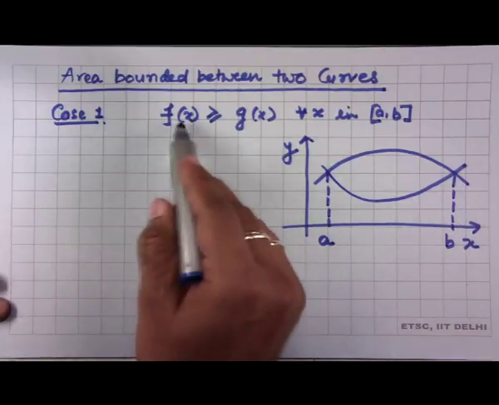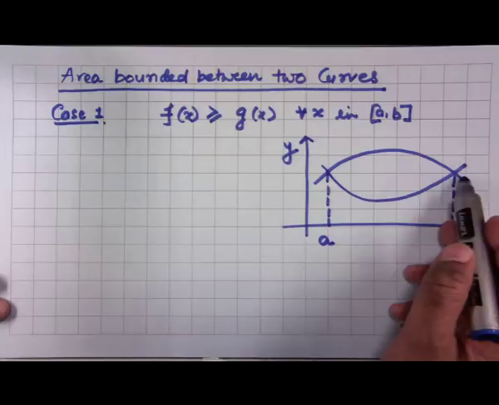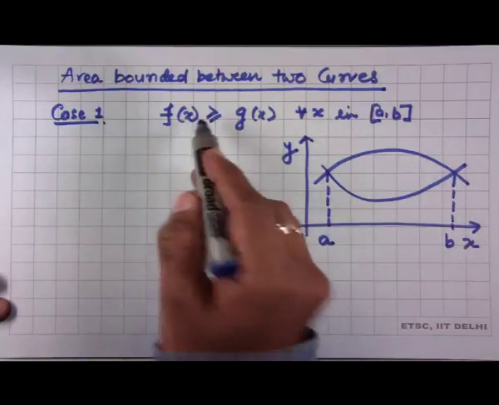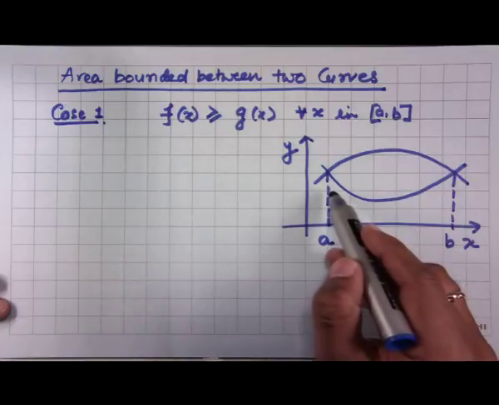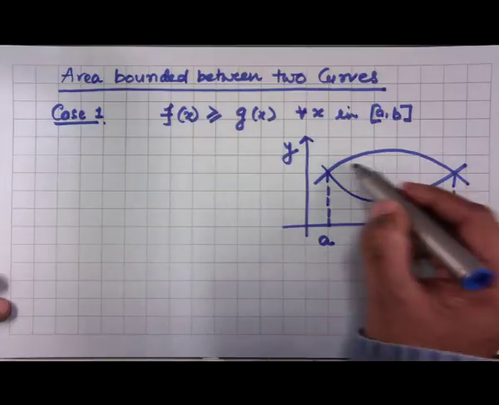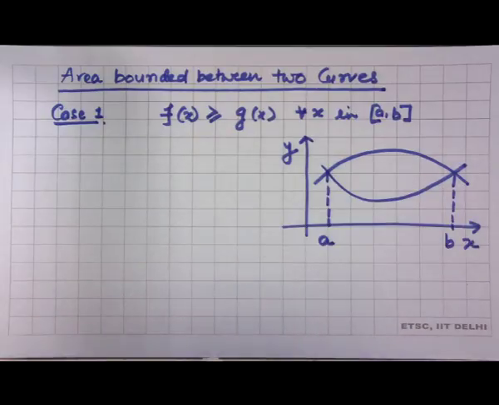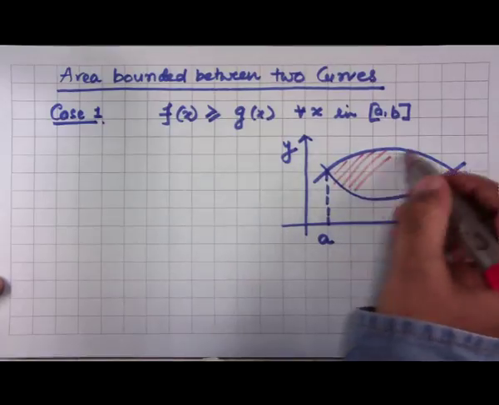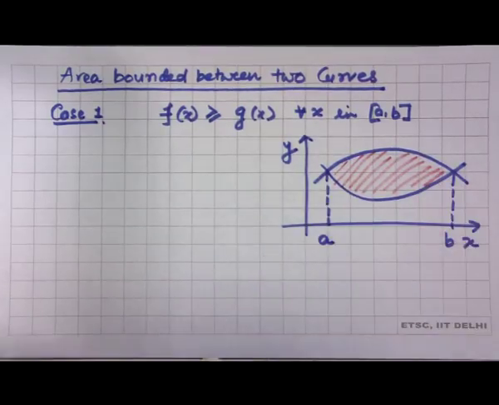You assume that f(x) and g(x) have the same value at a and b, but f(x) dominates g(x) in the interval a to b. So area bounded between these two curves is this. Now how to compute this area?